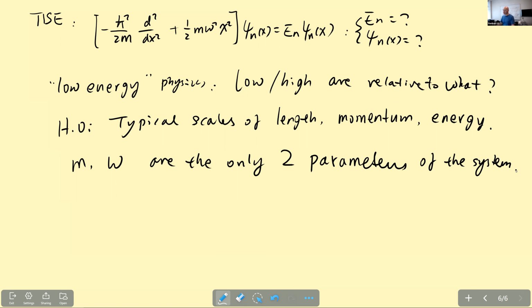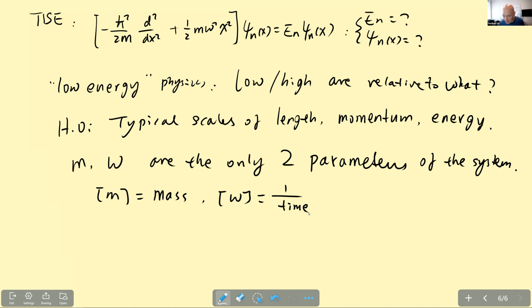If we look at the dimensions, m of course has dimension of just mass, and this angular frequency has dimension of just one over time. So that means we have no way to form typical length scales, momentum, or energy using these two parameters.